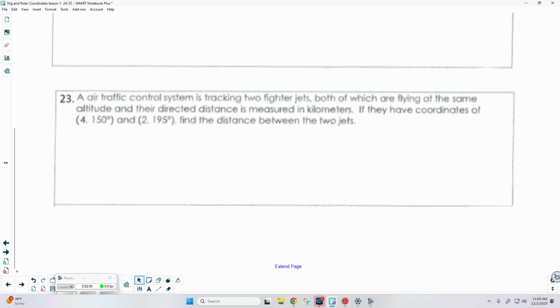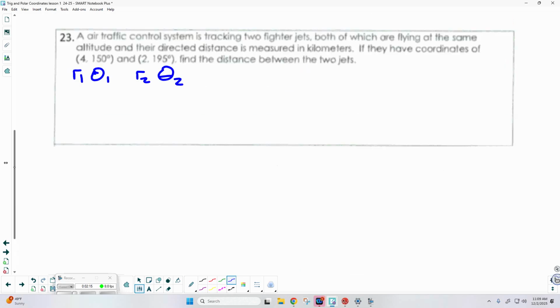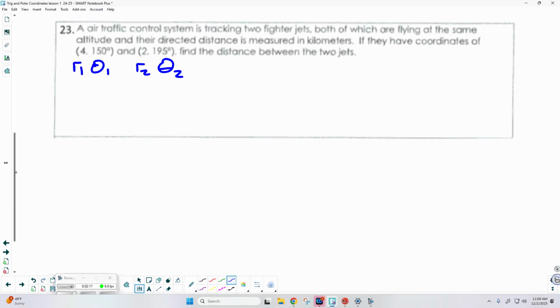It was rather large. Okay, let's say this is my first radius, theta 1, second radius, theta 2. We're going to get a little more room here. Let's see if we can remember this.